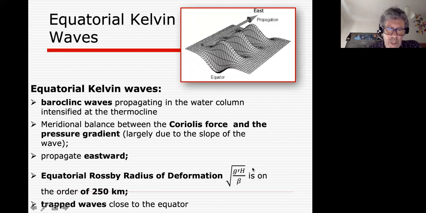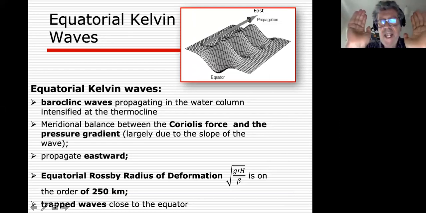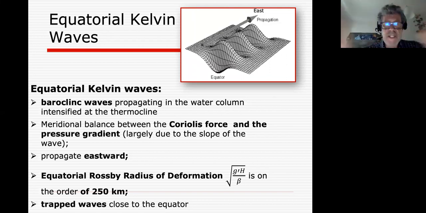So this should be very well known, and the scale is of order 200, 250 kilometers. This means that the whole equatorial wave is encompassed in 500 kilometers, and outside their effects vanish. And that's why this kind of wave is called trapped.